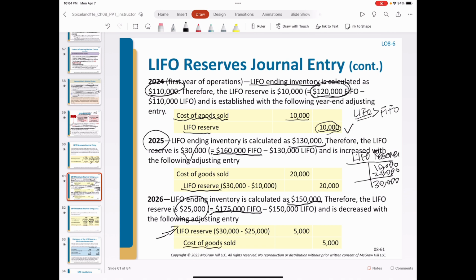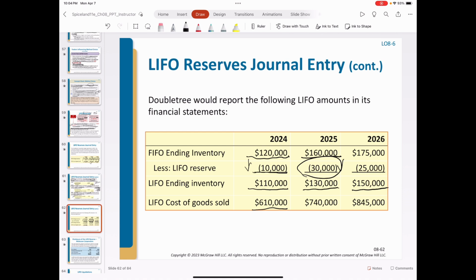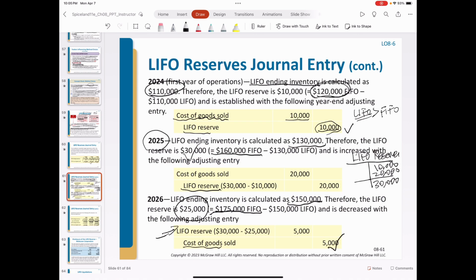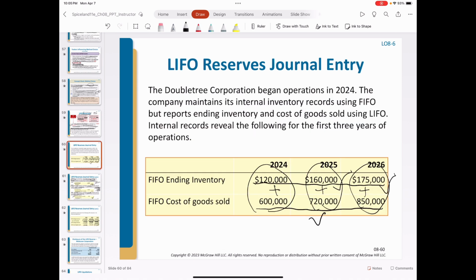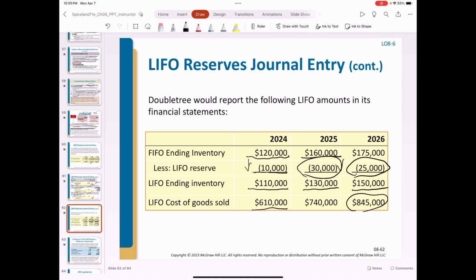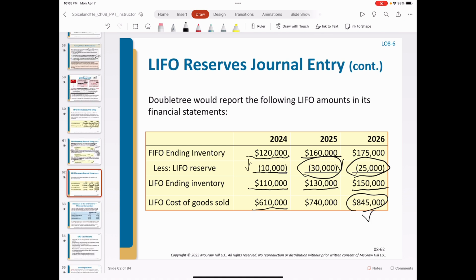After this journal entry, LIFO inventory is 25,000 less than the FIFO inventory. The cost of goods sold decreased 5,000 because in this journal entry we credit cost of goods sold. Originally, the FIFO cost of goods sold was 850. LIFO cost of goods sold 845. So that's how we account for the LIFO reserve.